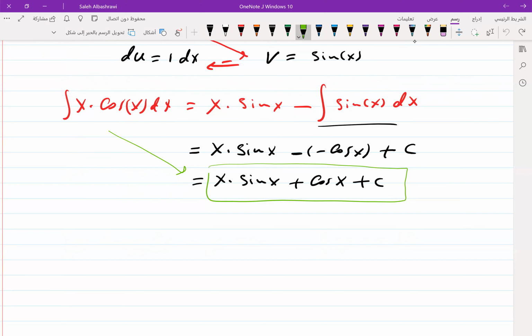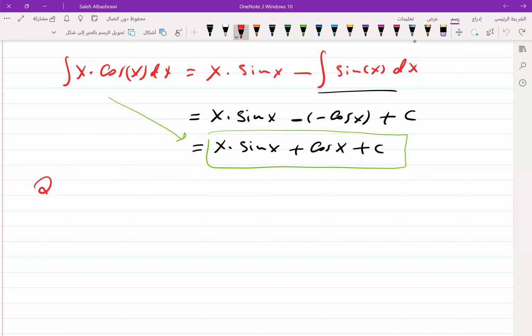Now the question that we started with: which part should I choose to be u substitution and which part is dv? This is the question now: how to choose u?